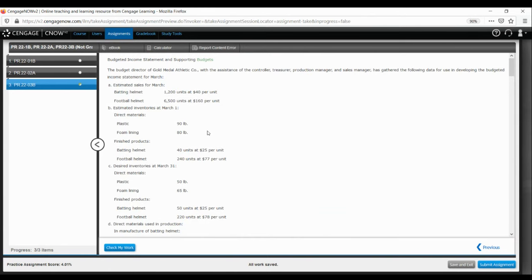The beginning inventory for March for the batting helmets: the beginning inventory at March 1st is 40 units.